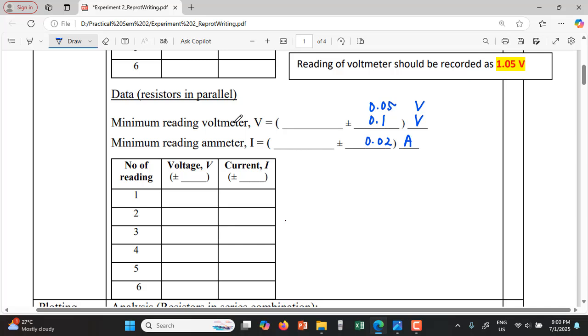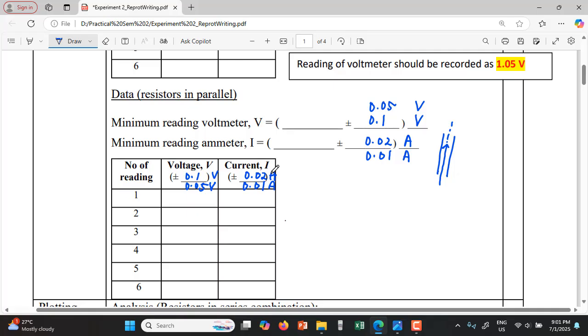So some of you might consider sehingga separuh daripada skala terkecil, then it will be 0.01 ampere. Okay, so for your voltmeter, the uncertainty should be 0.1 volt ataupun 0.05 volt. Same goes for the current, anda boleh record the uncertainty up to the smallest division 0.02 ampere ataupun half of the smallest division 0.01 ampere.